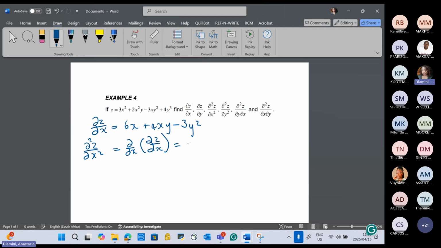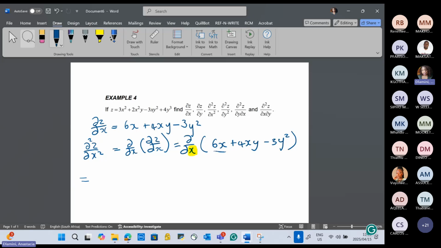So this is equal to the partial derivative of this expression, 6x plus 4xy minus 3y squared. Are we all together? We are partially differentiating with respect to x. Let's apply what we have learned.